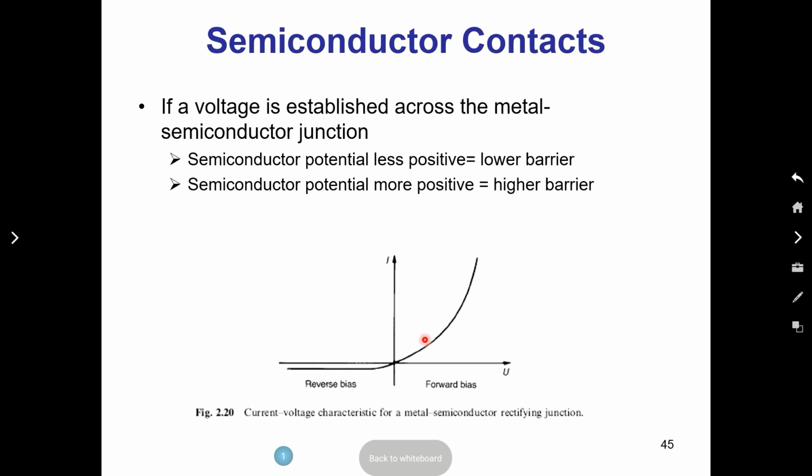And in that case, you will get an ohmic behavior, a straight line. And from the slope of that IV, you can measure the conductivity of the sample. So for electrical conductivity, you want an ohmic contact, but for a device, you want a rectifying contact.